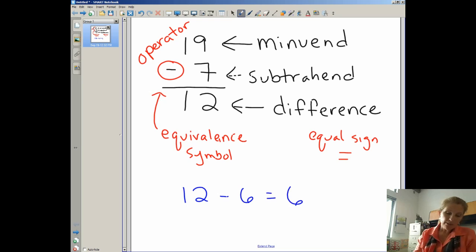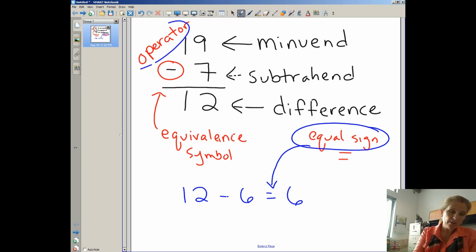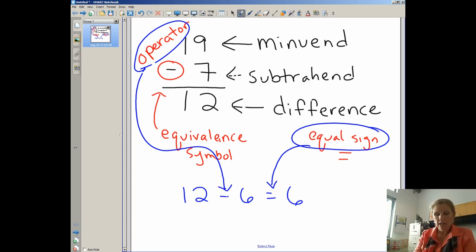And then I would say that the equal sign is right there. That could also be called an equivalent symbol. And the operator is right here, and that is your subtraction sign in this case.